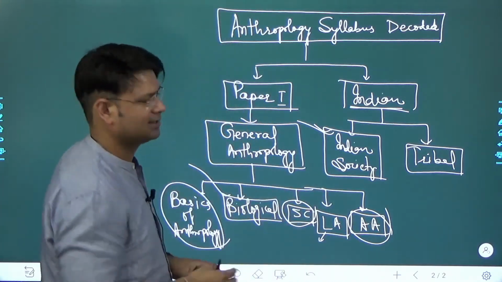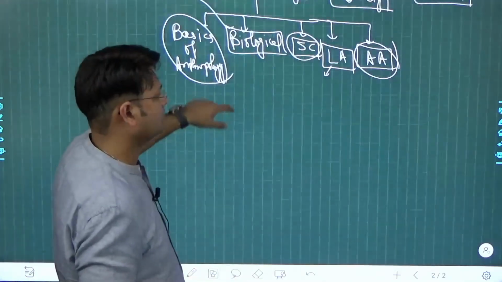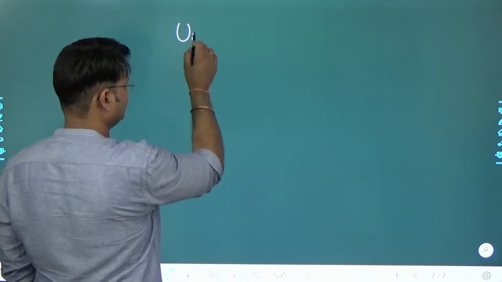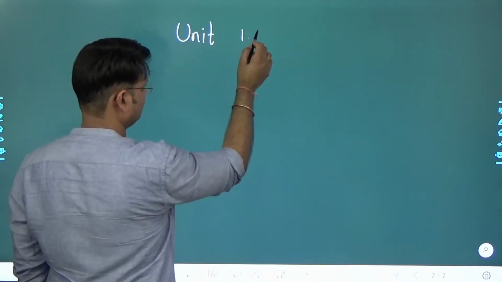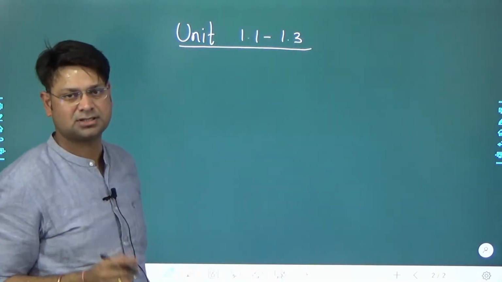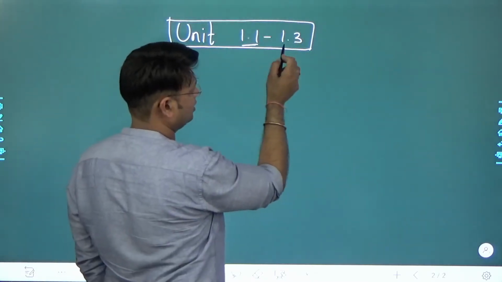But let us dig a little bit deeper into the syllabus so that we can understand more keenly what the syllabus actually is, right? So basically, if you see unit 1.1 to 1.3 in the syllabus, first unit, part 1.1 to 1.3.